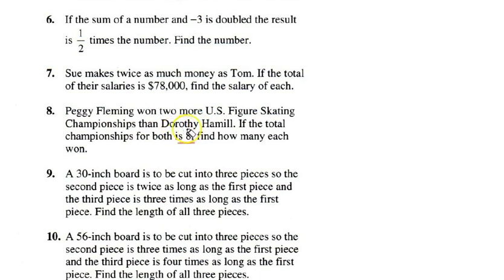Alright, well, let's say that D is the number that Dorothy won. Now, Peggy won 2 more than that, so we would need the D for this amount plus 2. Now, we could put that in parentheses, but it's okay without. And that equals 8.